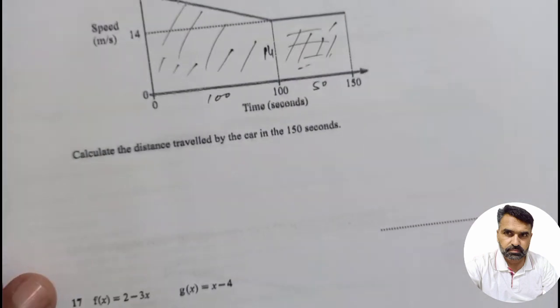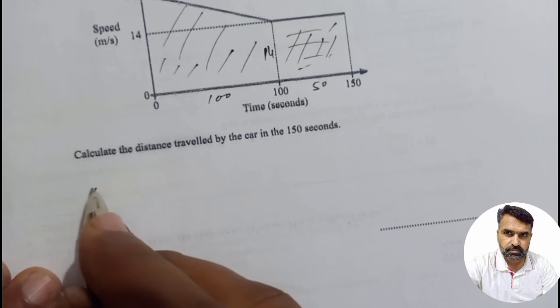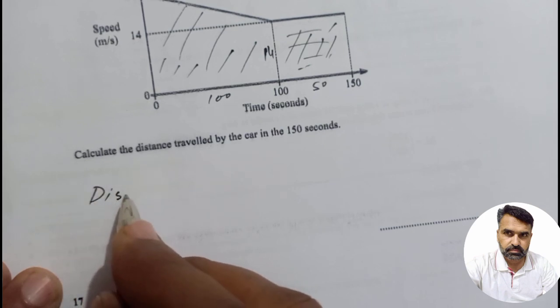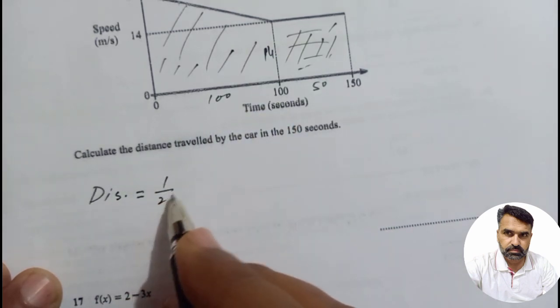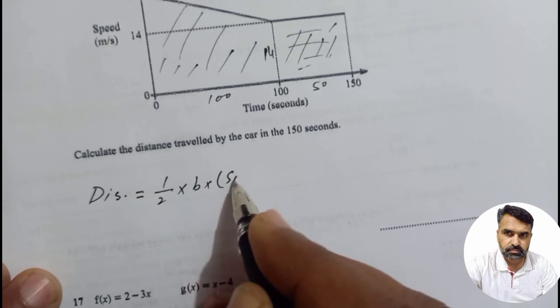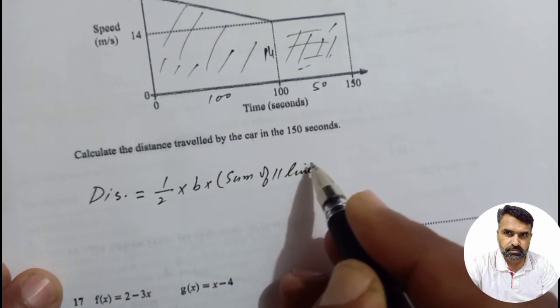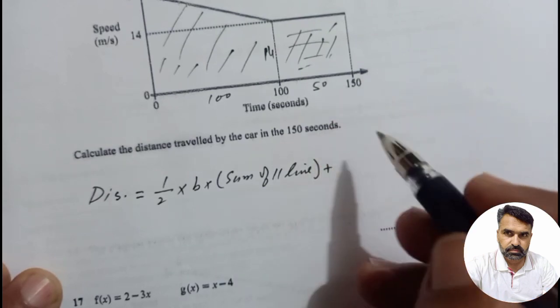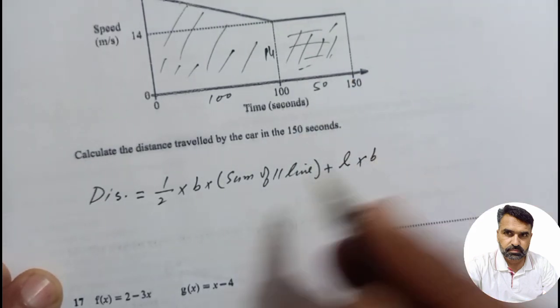Now students, we have to calculate the distance. Distance will be the area of the trapezium plus the area of the rectangle. The formula for the area of a trapezium is 1 over 2 multiplied by the base multiplied by the sum of the parallel lines, and we have to add to this the area of the rectangle, length multiplied by breadth.